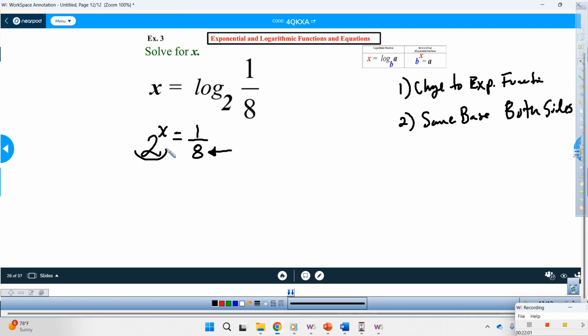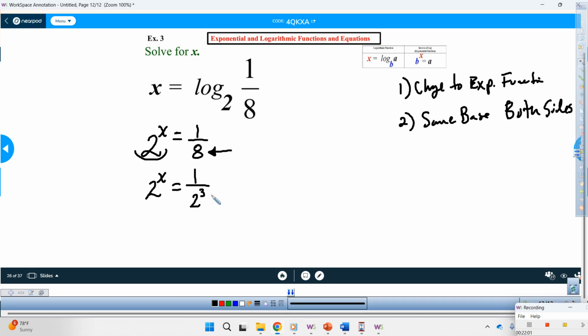Talk to your neighbor. Elijah, 2 to the what gives us 8? 2 to the third. That is correct. So we write 2 to the x equals 1 over 2 to the third.